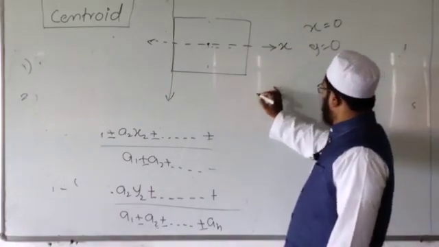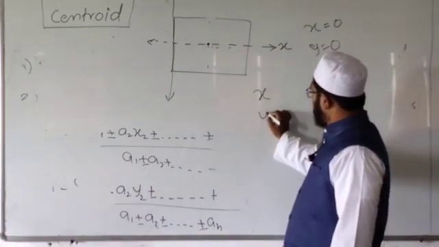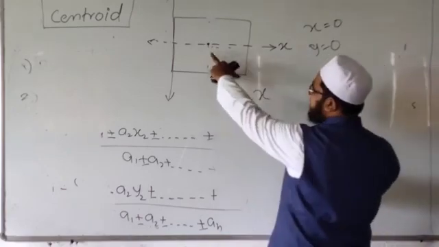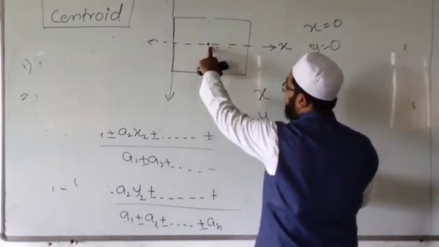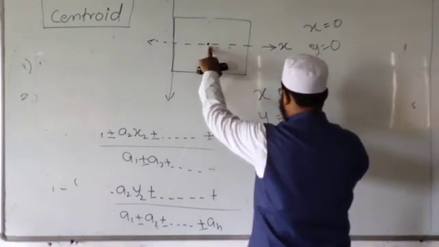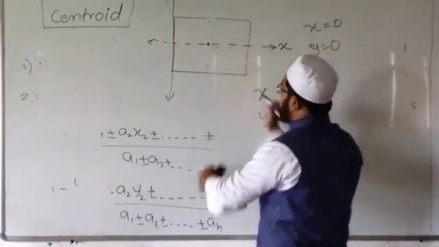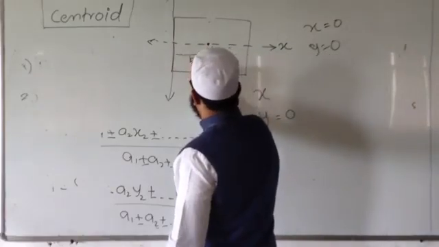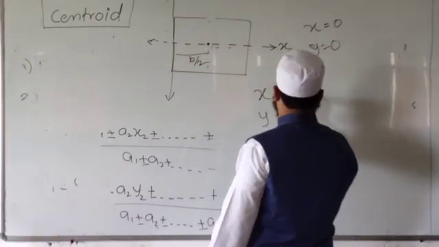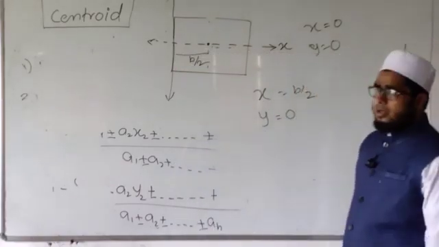In this case, the y coordinate will be 0, and x, this distance, if it is b by 2, then the coordinate will be b by 2.